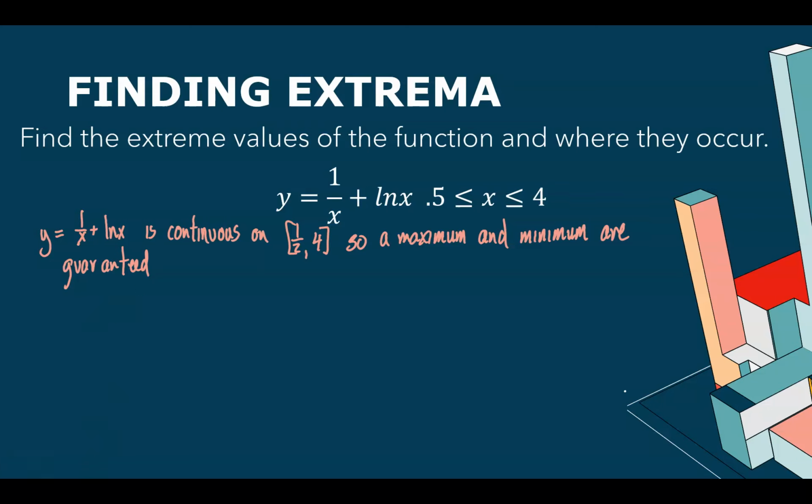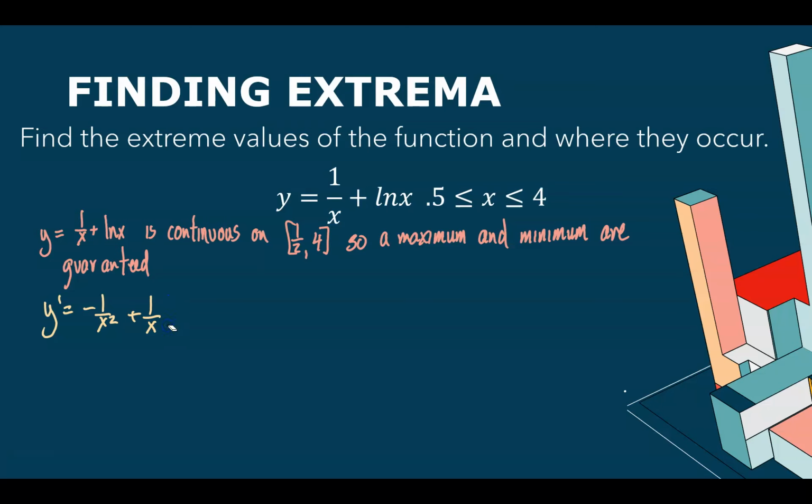And those maximums and minimums can only occur at critical values or endpoints. We need to find critical values. A critical value is where the derivative is equal to 0 or undefined. So derivative, pretty easy. The derivative of 1 over x is negative 1 over x squared. The derivative of natural log of x is 1 over x. And we're going to multiply the second term by x over x, so that way we have a common denominator.